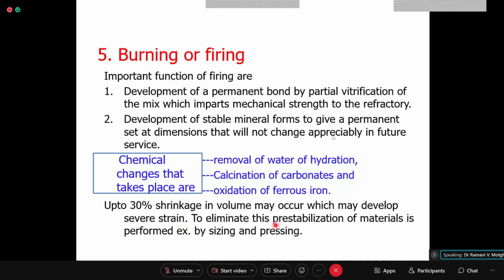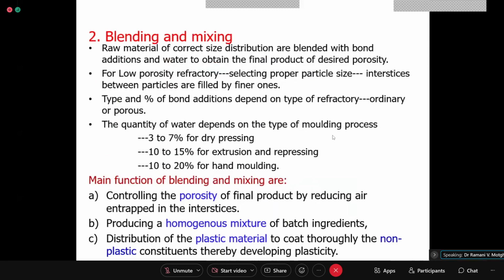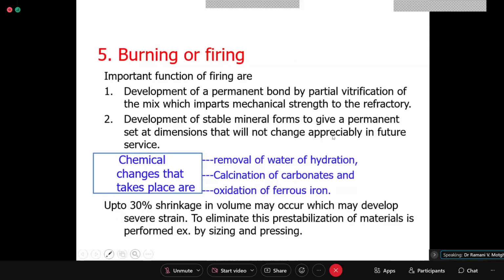To eliminate this, pre-stabilization of material is performed, for example by sizing and pressing. So the preliminary, the earlier steps are also important, like your forming and drying, the rate at which it is dried.